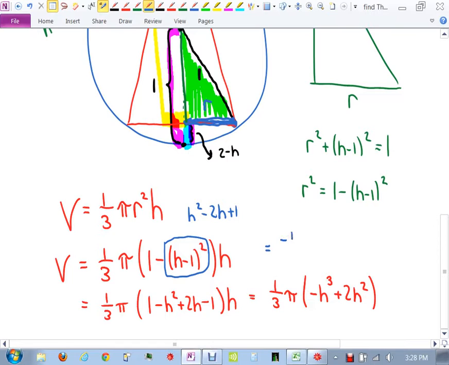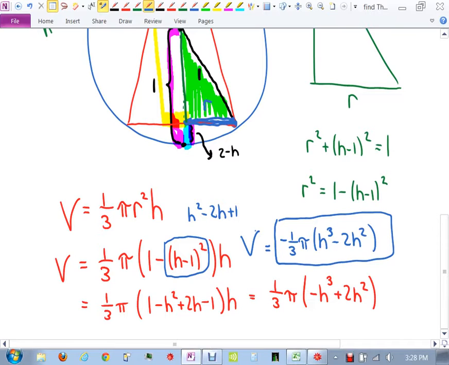So can I put negative 1/3 pi times h cubed minus 2h squared? That's my volume, in terms of a single variable, right? Questions?